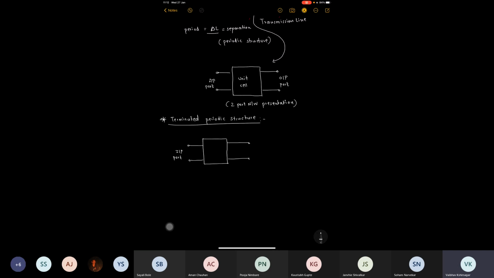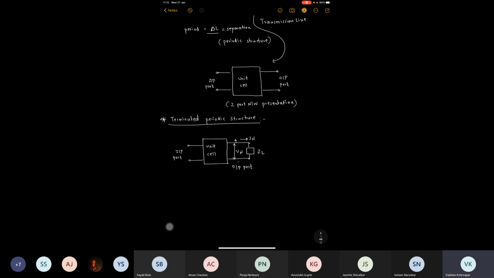At the output port, I will terminate it with a certain load ZL. Let us say Vn is the voltage over here and In is the current flowing at the output port.